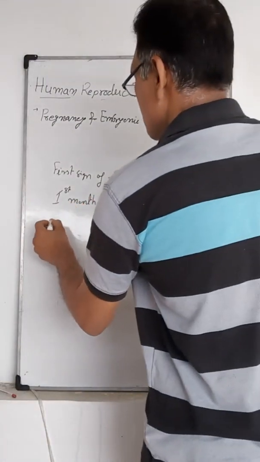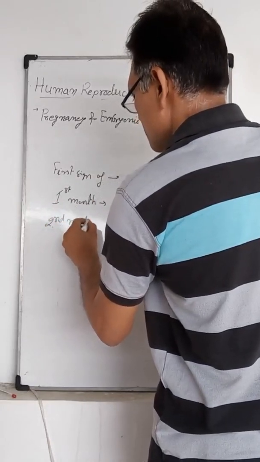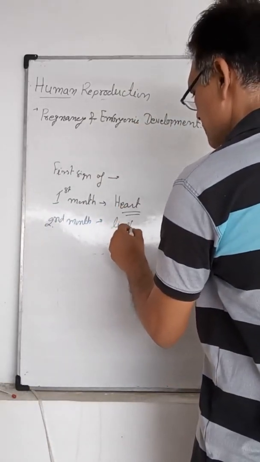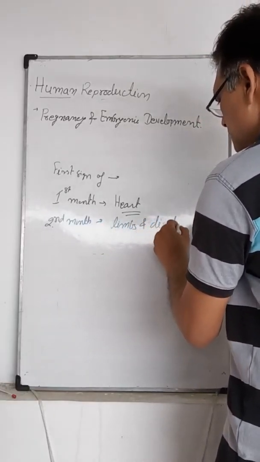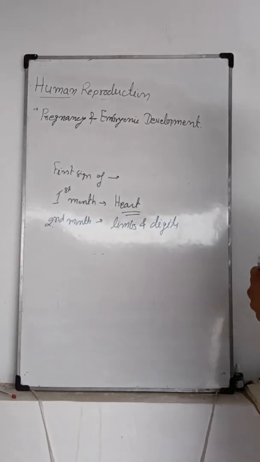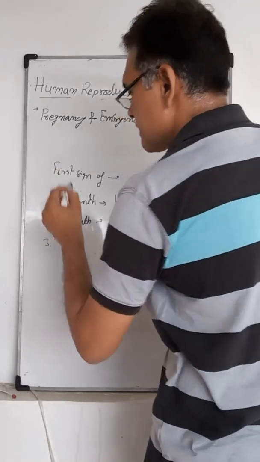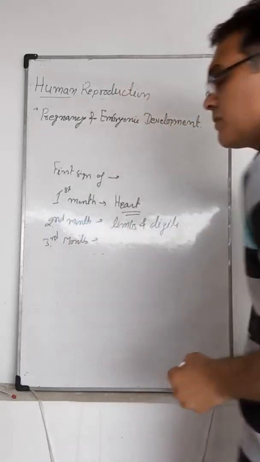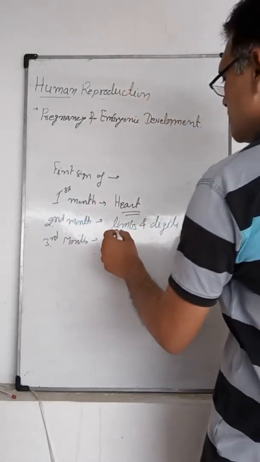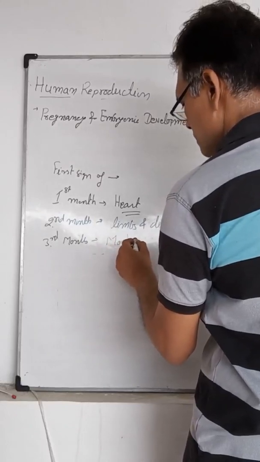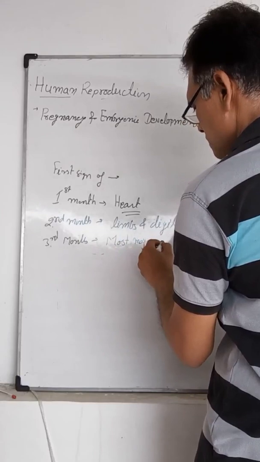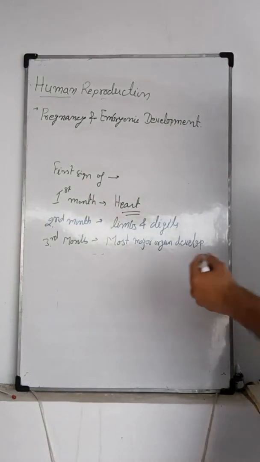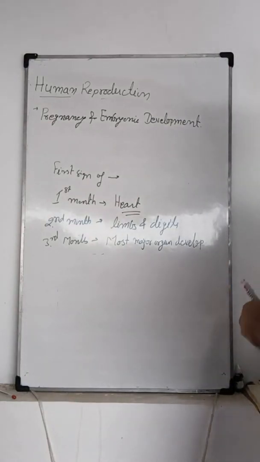By the end of the second month, the fingers, limbs and digits are formed, and by the end of the third month, the first trimester, most major organs develop, like limbs and external genital organs.